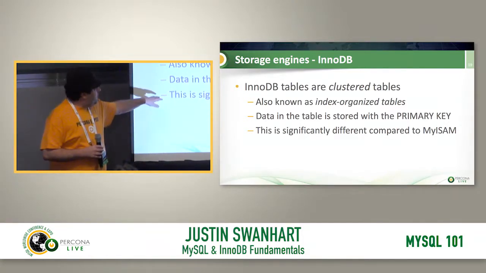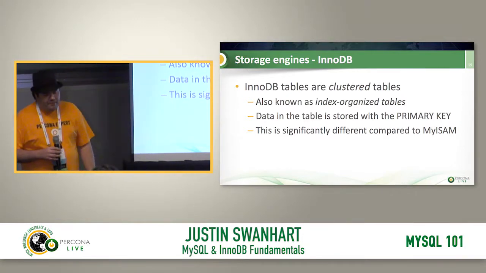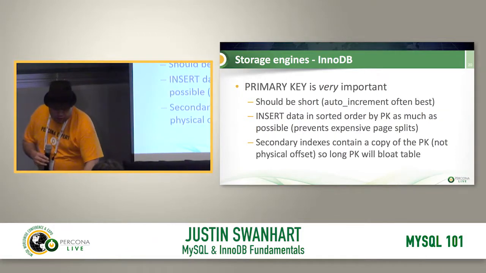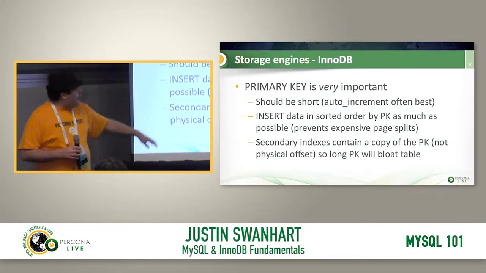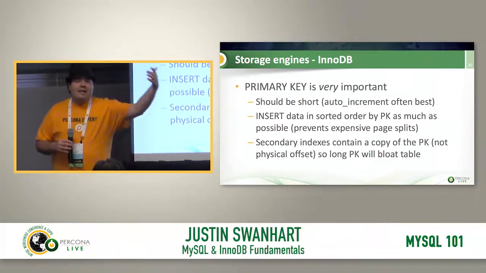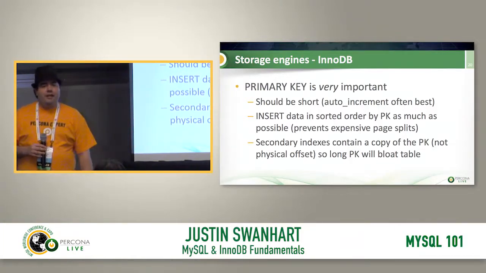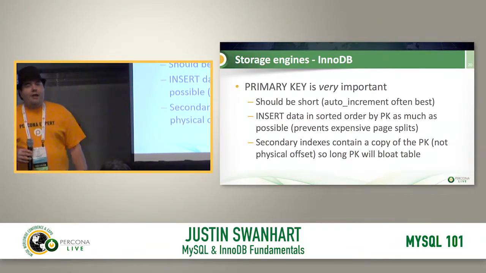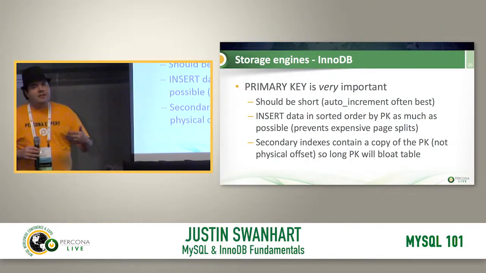And so very, very different from MyISAM. The secondary indexes all have a copy of the primary key, right? Because they have to actually access the table and primary key to get the data out. So rather than have one O(log n) operation, now you have two O(log n) operations, where n is the depth of the B-tree.